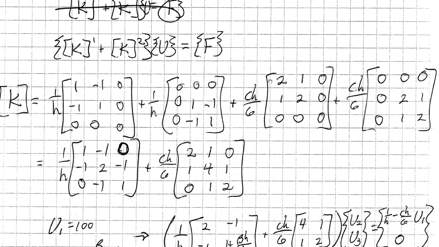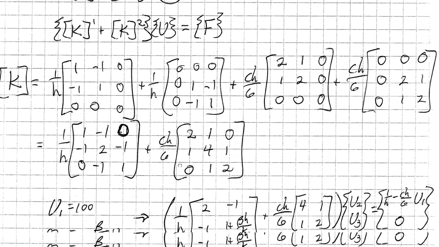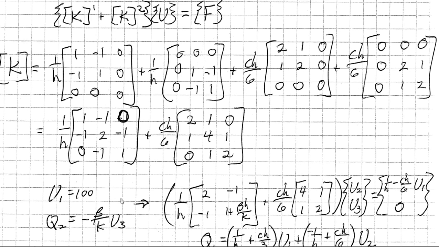You apply the same thing on the convection. This is for element 1. This is for element 2. Now we simply just add these together. And now this is your total case solvent in this form. So it turns out, due to our boundary conditions, you can simplify this down and solve. Because remember, we only have to solve for U2 and U3.